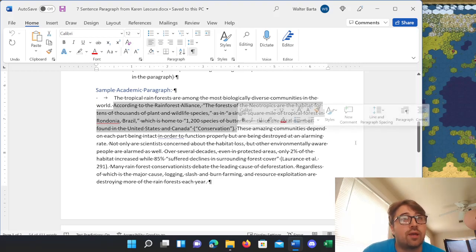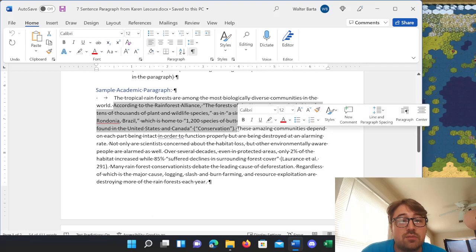We're quoting the Rainforest Alliance, which sounds like an organization that knows a lot about rainforests, and we're saying specifically what they have to say about diversity. They counted the number of species, and we know from that count that it's more diverse in one rainforest than in all the United States and Canada, which is pretty amazing and supports the thesis very well, right?